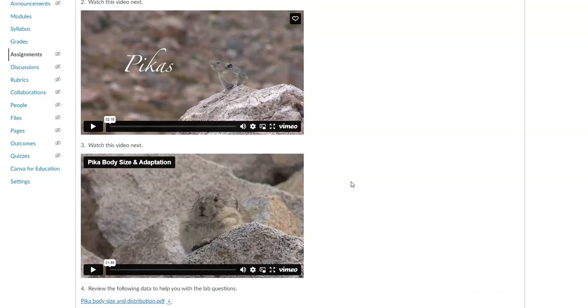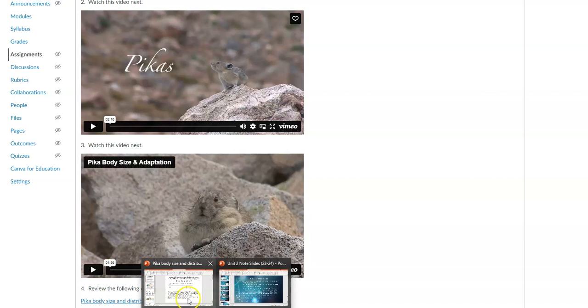Their range of tolerance isn't that broad. So individual pikas have adapted to these different temperatures by body size. And so that's what we're going to look at today. How does body size affect the distribution of pikas in various places?